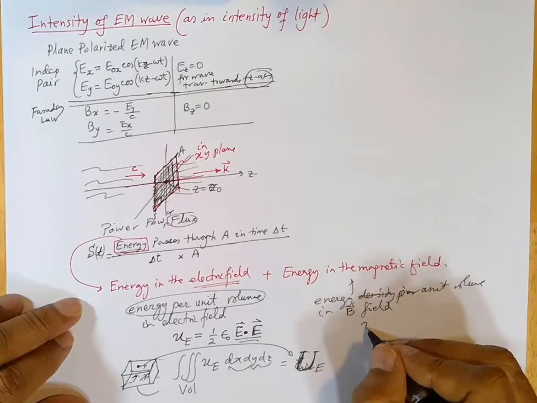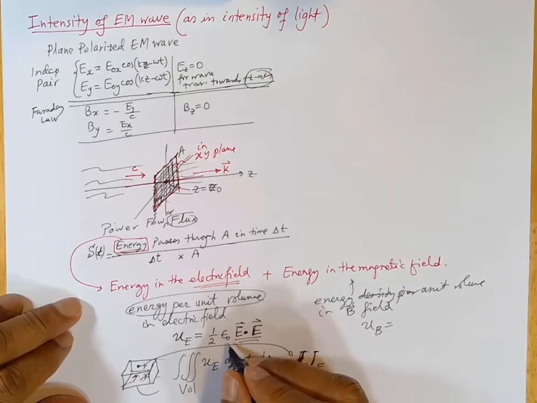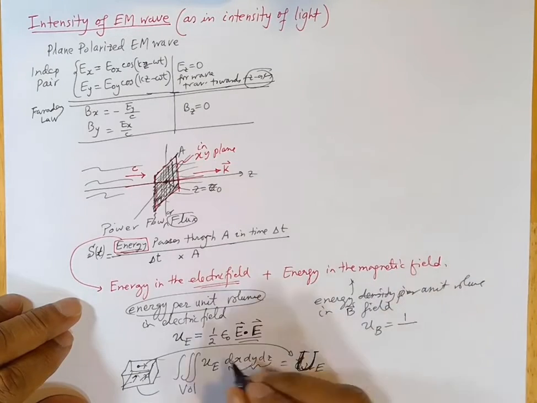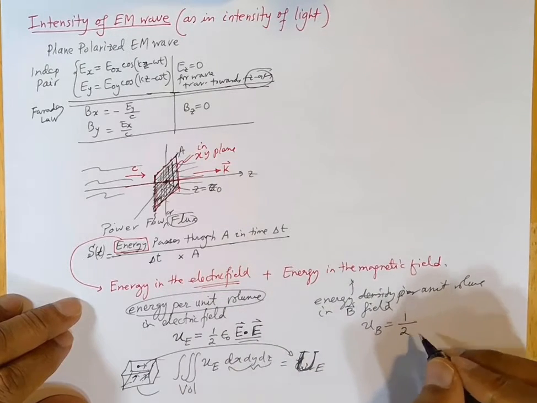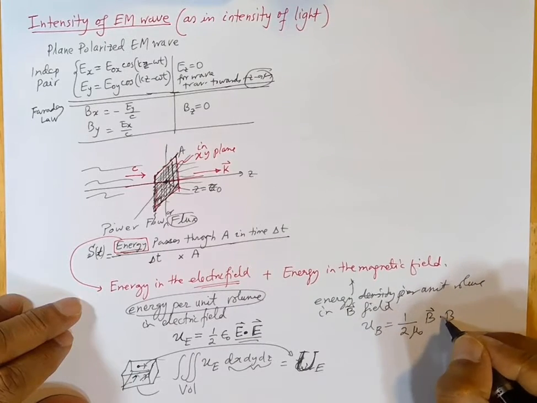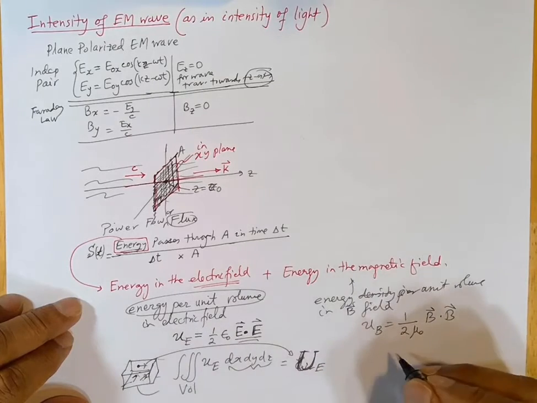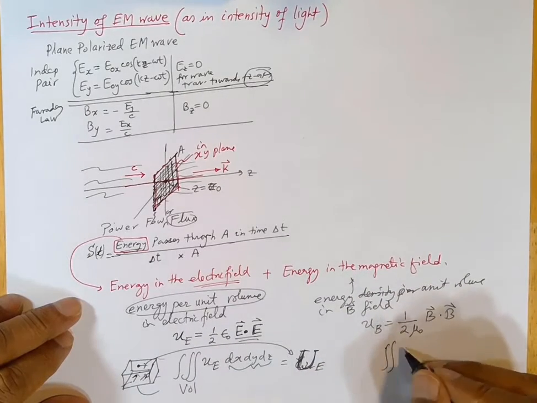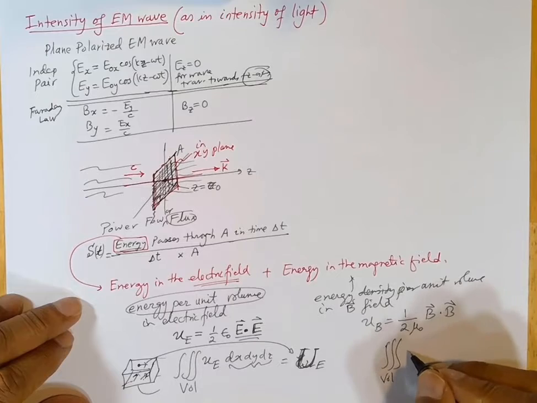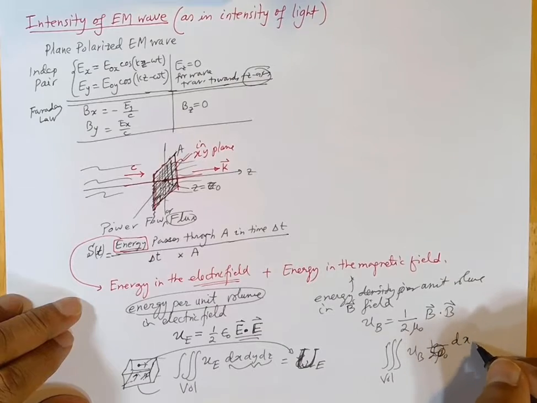It is a very similar formula, but instead of epsilon naught, it has mu naught in the denominator: 1 over 2 mu naught B dot B. And again, if I want it in a volume, I will have to integrate over the volume: U_B equals the integral of 1 over 2 mu naught B dot B dx dy dz.